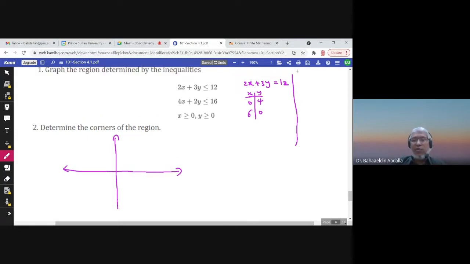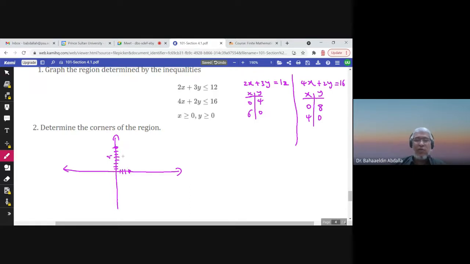Let me also find the points of the second line. 4x plus 2y equals 16. If x is 0, y is 8, 16 over 2. And if y is 0, 16 over 4 is 4. So I need to go up to 4, up to 8. This is 4, 0, and this is 0, 8.